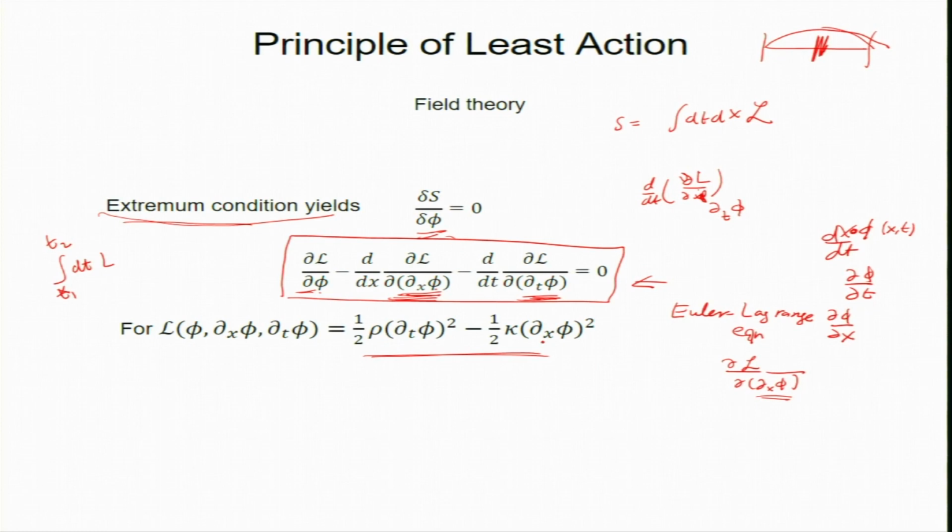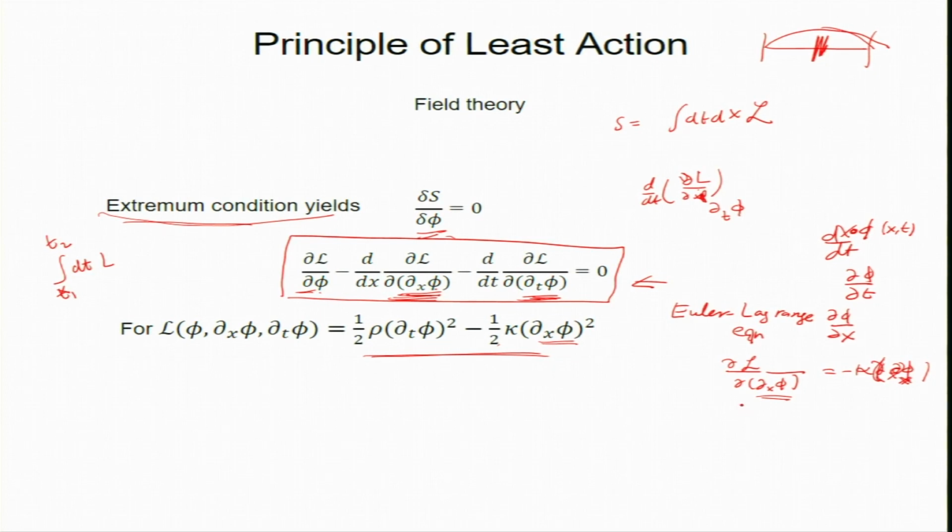So, which part is partial x phi? This is partial x phi. If I take the derivative, what will I get? The 2 will cancel with the half, I get minus kappa d x phi. d x phi is a function and I am just taking the derivative with respect to d x phi.